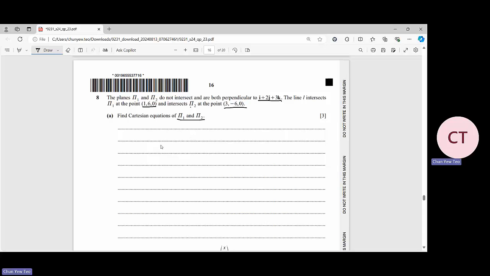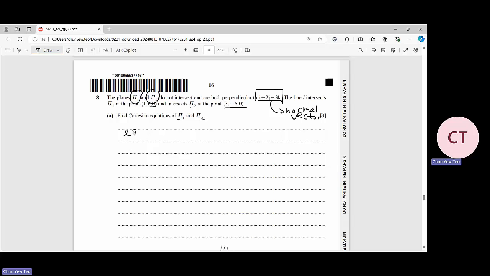So what we can do is, they say that pi 1 and pi 2 are both perpendicular, that means this one is a normal vector. So we need to use back our AS knowledge on the equation of a plane. The normal vector can help you form the equations of pi 1 and pi 2 already.